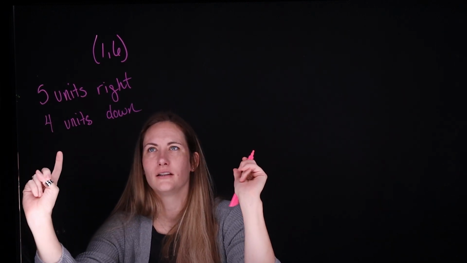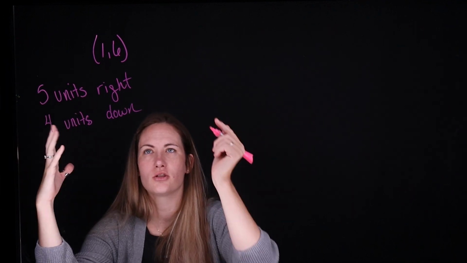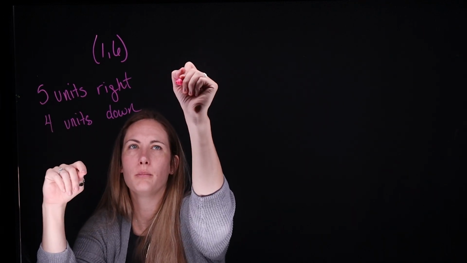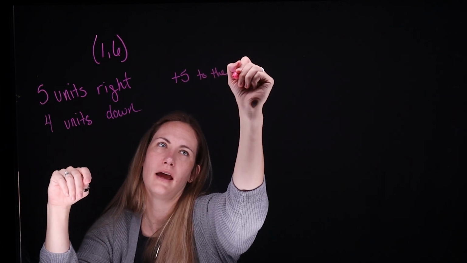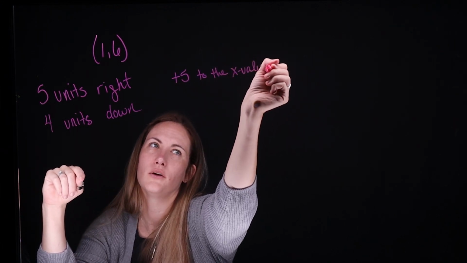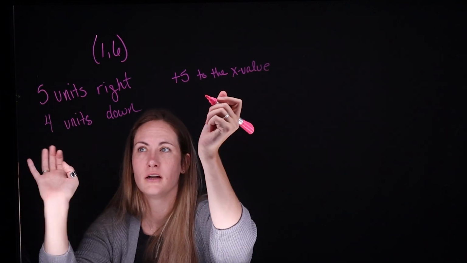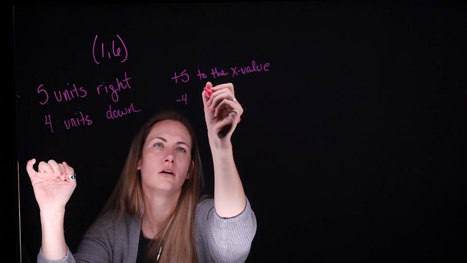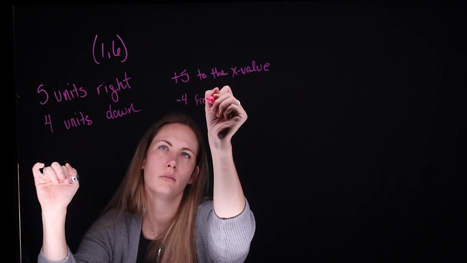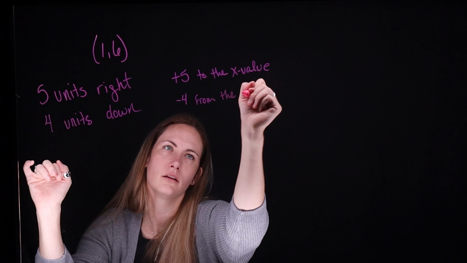5 units right is going to be an x change, so 5 units right would be a plus 5 to the x value. If it was left, it'd be subtract 5. 4 units down, we're going to subtract 4 from the y value.